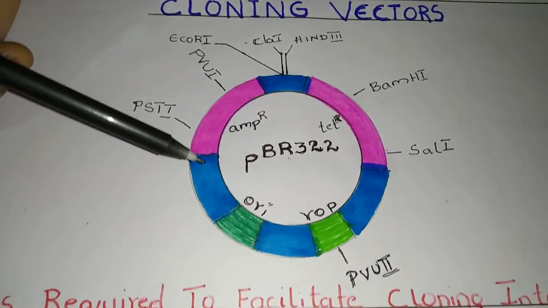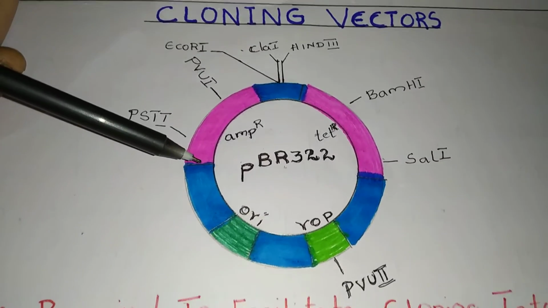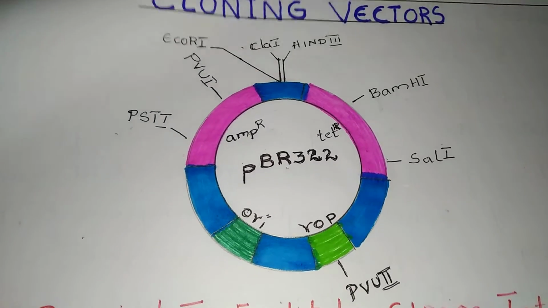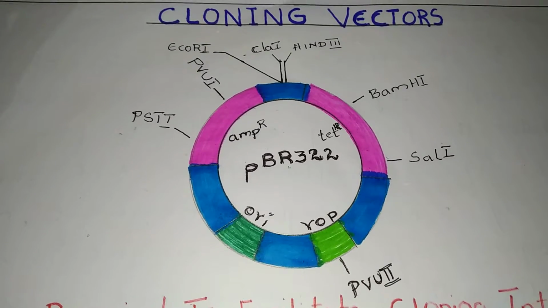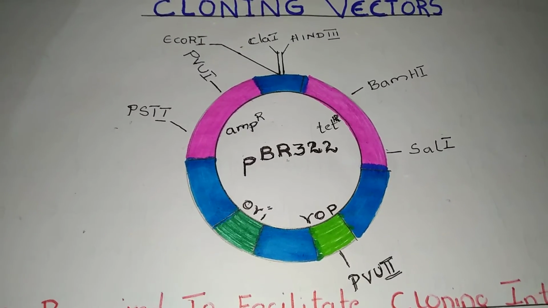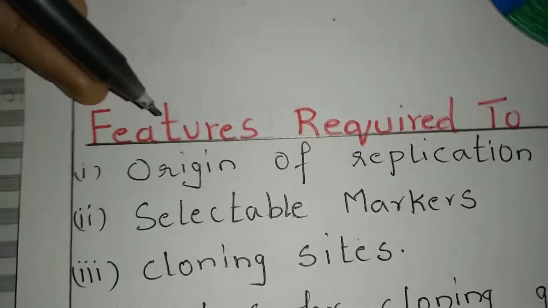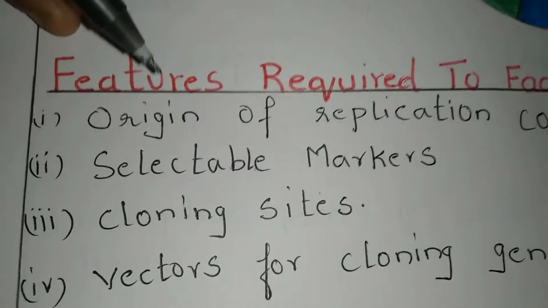Now in order to consider any vector for cloning purposes, it has to satisfy certain requirements. So these are the features which are required for considering any vector for cloning.